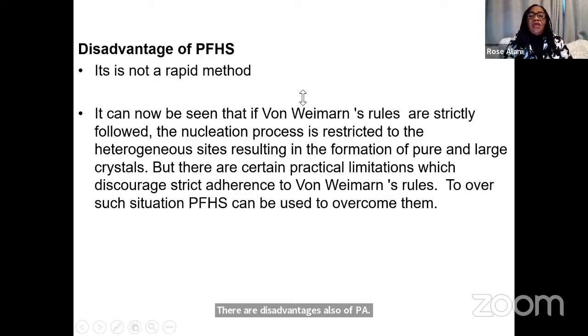One is that it is not rapid, it is slow. It can now be seen that if you strictly adhere to von Weimarn's rules, remember von Weimarn's rules that I told you in I think the last lecture, the nucleation process is restricted to heterogeneous sites, resulting in the formation of pure and large crystals.